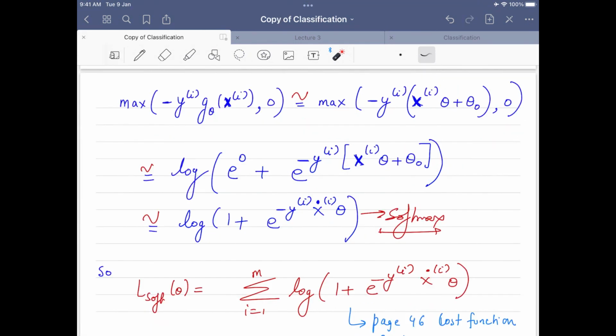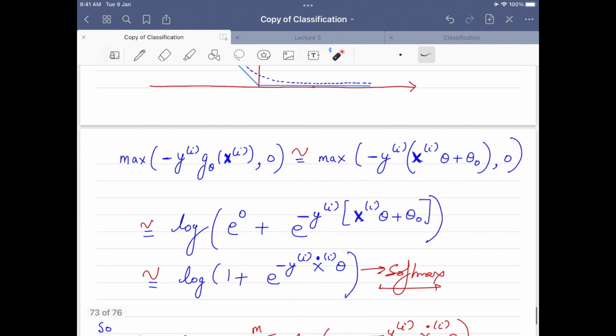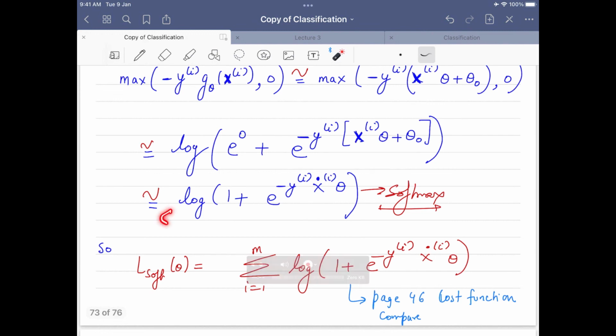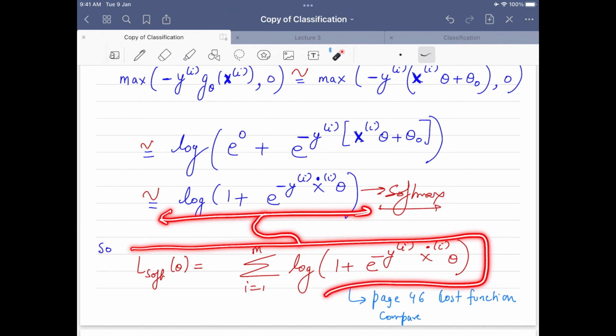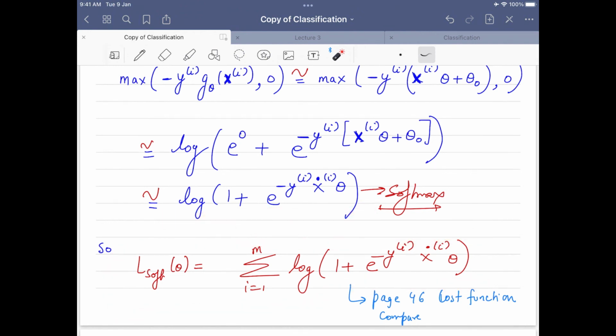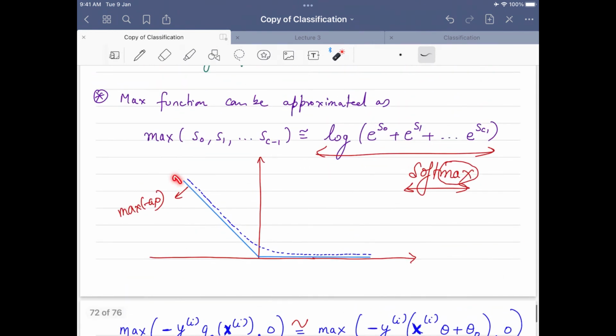Similarly here also, in this particular perceptron setting, I have taken labels as +1 and -1. That's why I am getting the same answer for the perceptron as for the classification setting. Both answers are coming out the same, and the idea was to show you that both of them are coming out to the same point. The important point is that it is called soft max because it is approximating the max operator by a softer version.